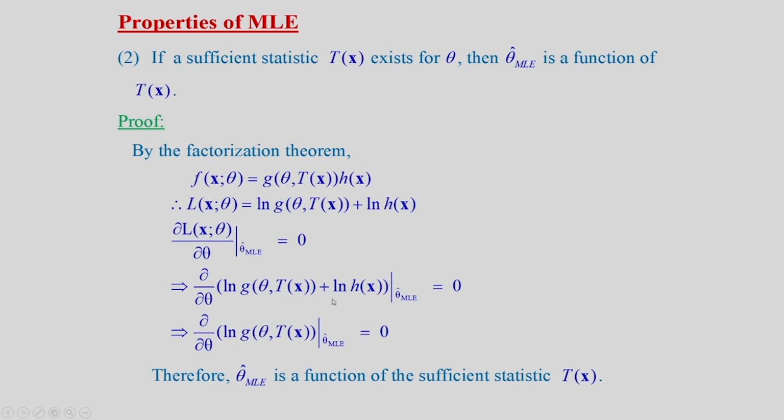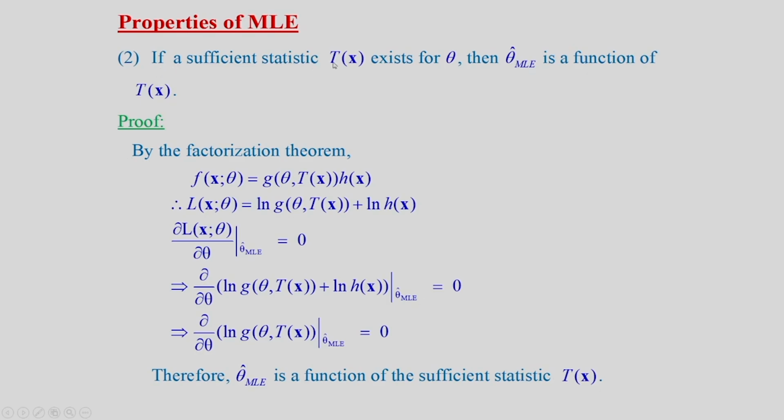The second part does not involve theta, therefore we simply get del theta of log of g theta T(x) at theta hat MLE equal to 0. Since theta hat MLE is the solution of this equation, theta hat MLE must be a function of the sufficient statistic T(x). So this property we established.